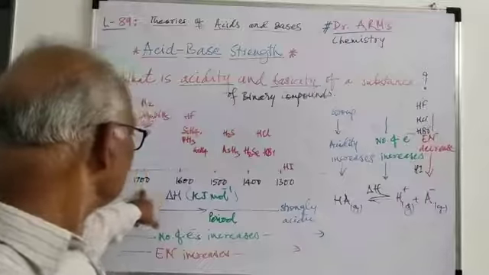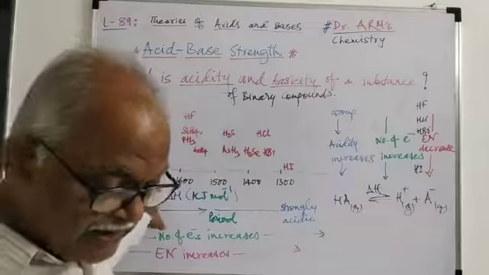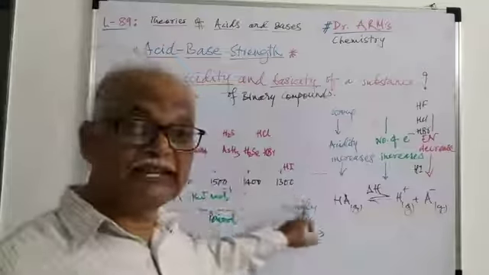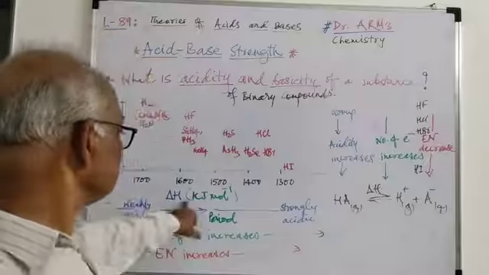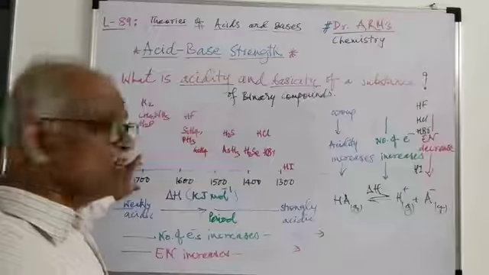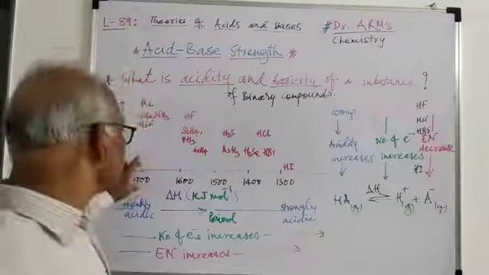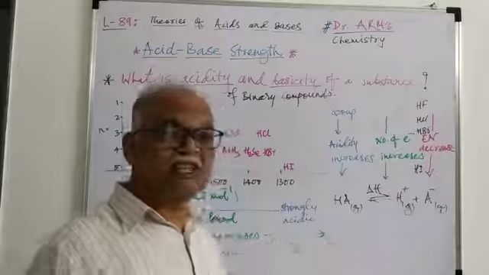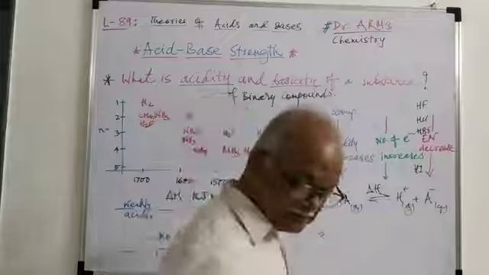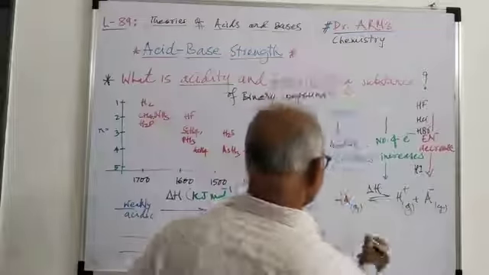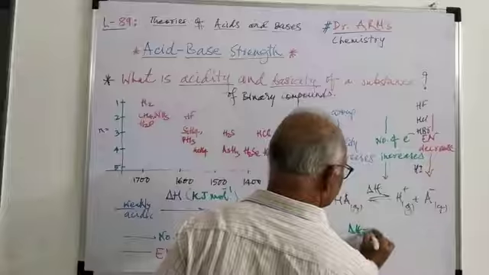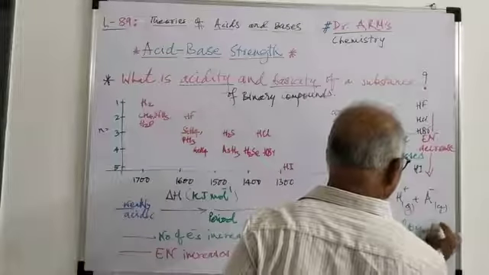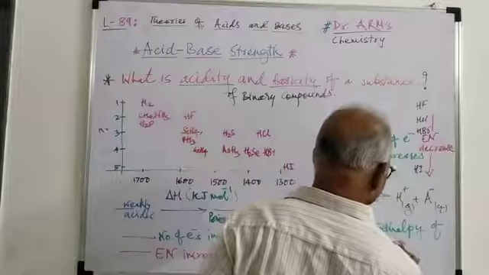The values are plotted in this way, from 1700 to 1300 kilojoules per mole of delta H. Here delta H is the enthalpy of dissociation.